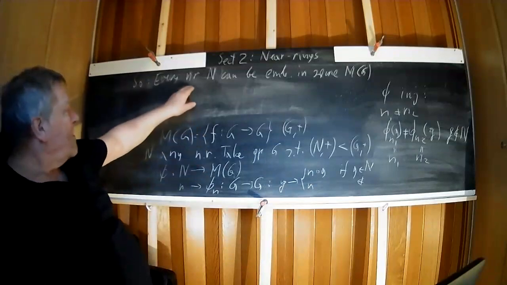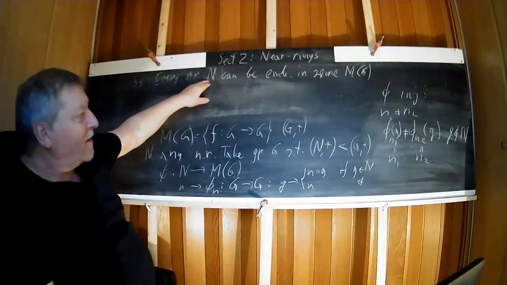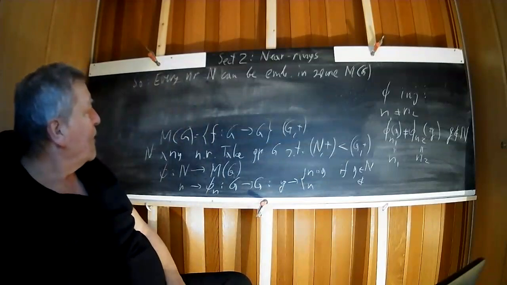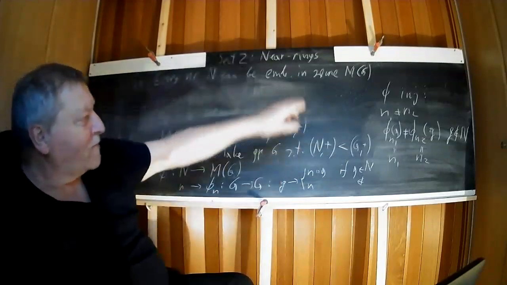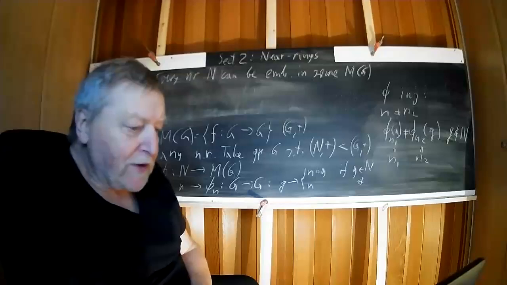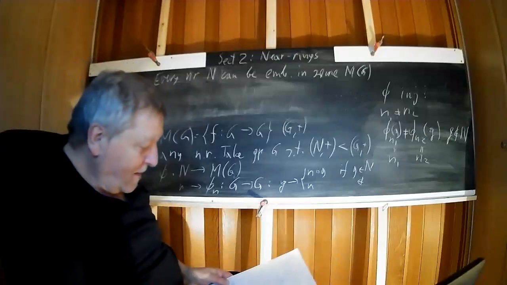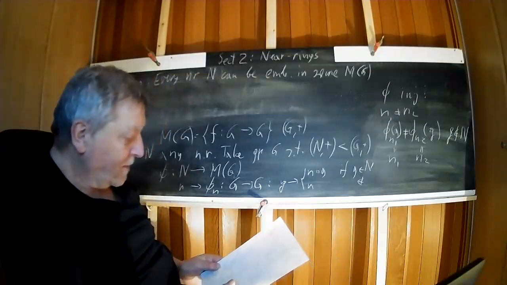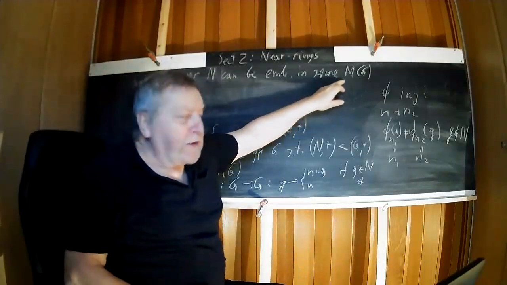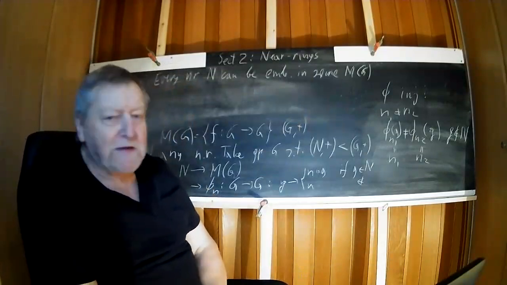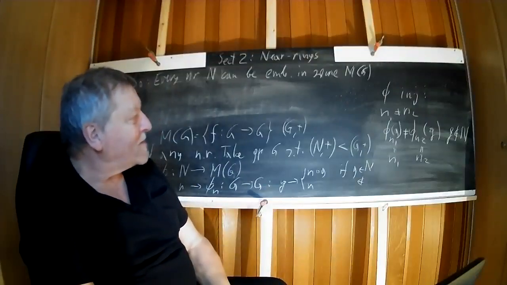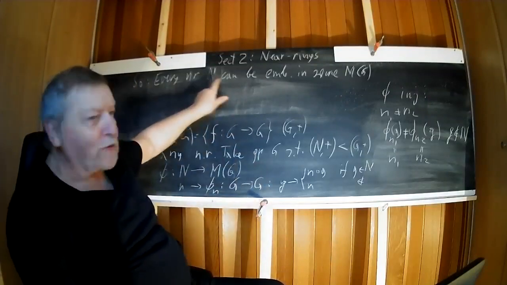And the same applies if we take a zero-symmetric nearing, then we can embed it into M sub node of G, and every constant nearing can be embedded into some MC of G. Those are constant mappings on the group G. Sometimes one expresses this by saying that the class of nearings of the type M of G is Catholic, which means containing everything in some way, because every nearing can be embedded into one of those.